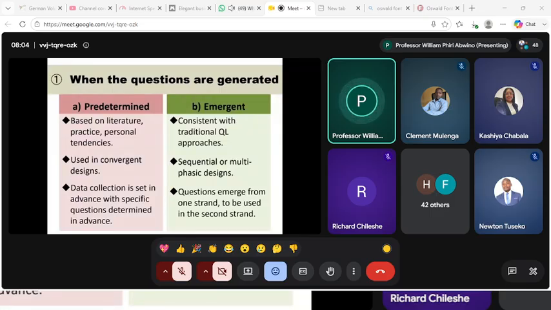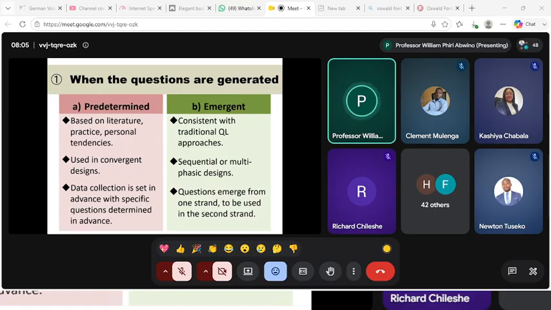So, one, when the questions are generated while you are conducting your research. Predetermined, based on the literature. That is why, if you want to come up with a good research paper or research title, you go and review literature. In the process, you are going to generate some questions which you can actually answer later on.